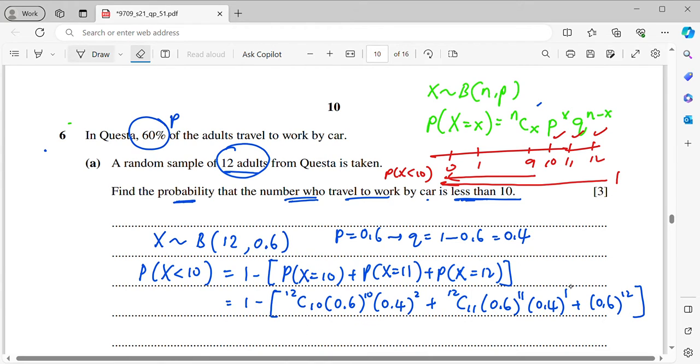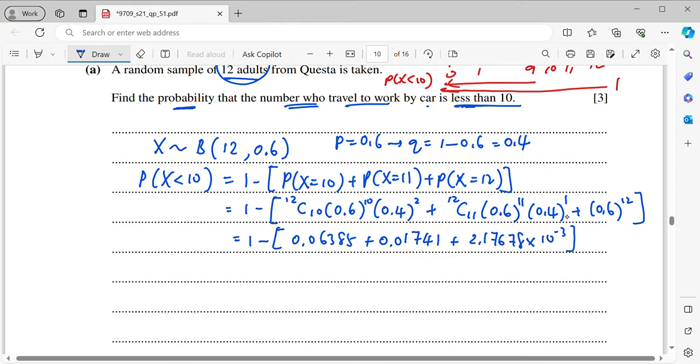So when you do calculation, this is going to be 1 minus 0.06385 plus 0.01741 plus 2.17678 multiplied with 10 power negative 3. So it's a small value for the last probability.